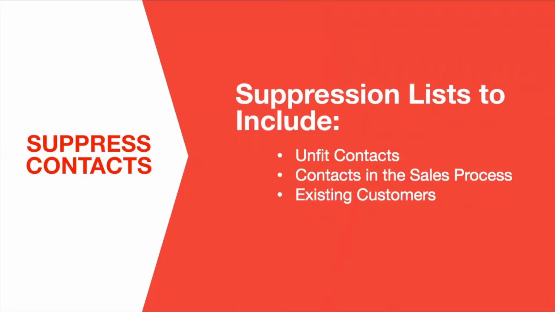This is really critical to put in place to make sure you're not over-communicating with your database. So anytime we're building a workflow, we want to make sure we have these suppression lists included all the way through. The customer is probably the most important, but if they're already being contacted, we want to make sure they're suppressed as well.